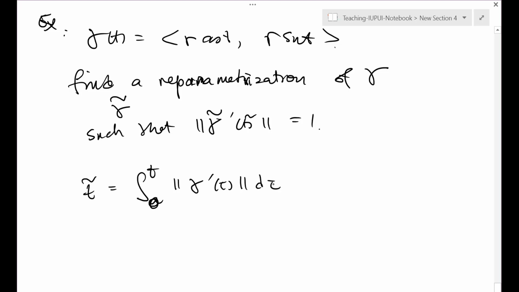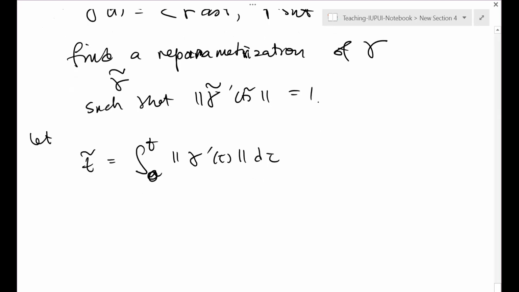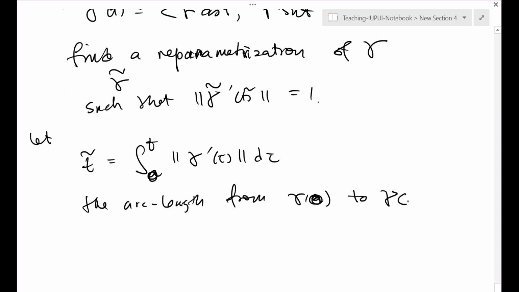Okay, that gives you the arc length, the arc length from gamma A, where A equals 0, to gamma t.